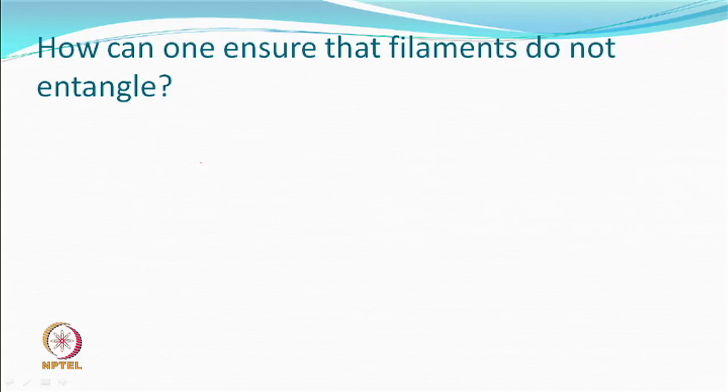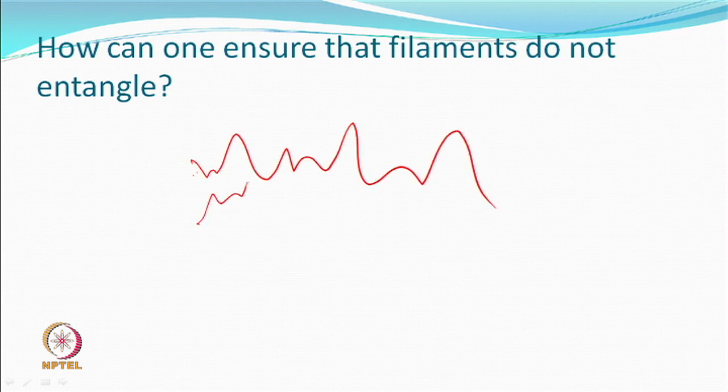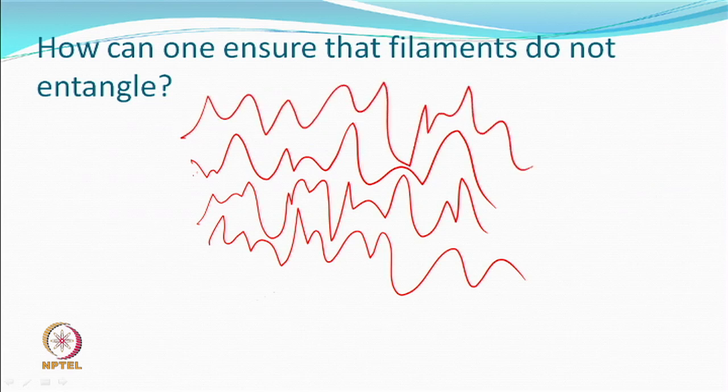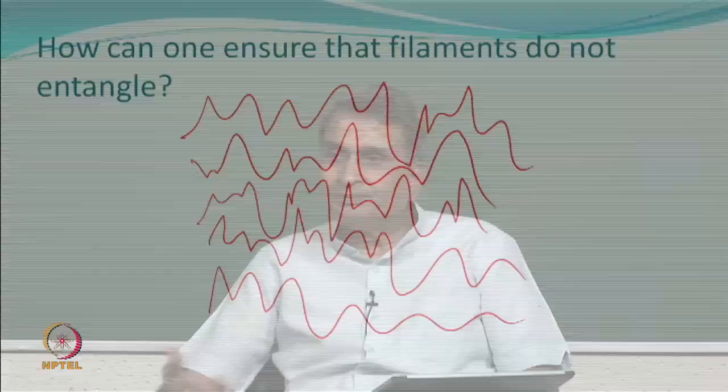Because the structure we want is that individual filaments bend in whichever way, we have no issue on that, but we still do not want any entanglement. Then the compression, extension, all that will work better. So, how do you avoid that?